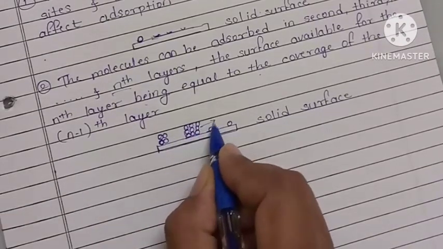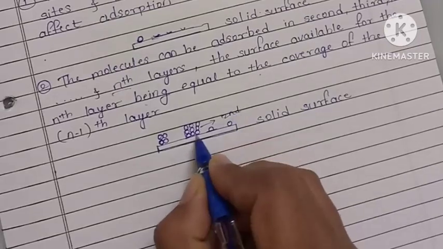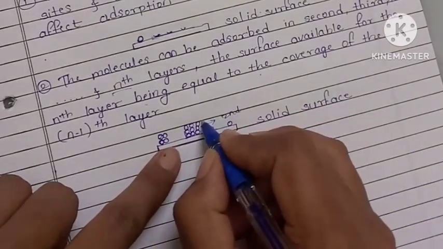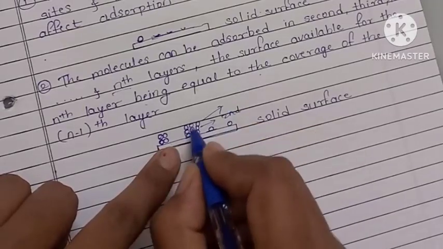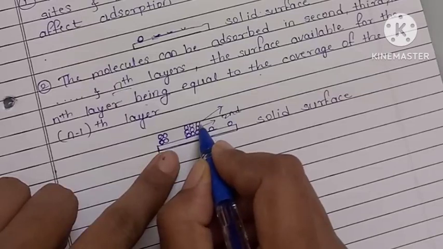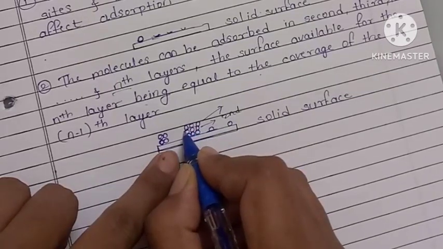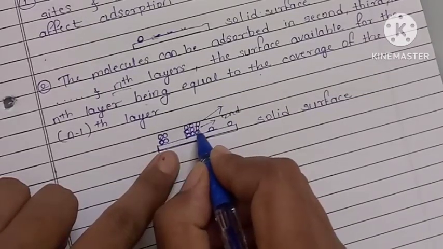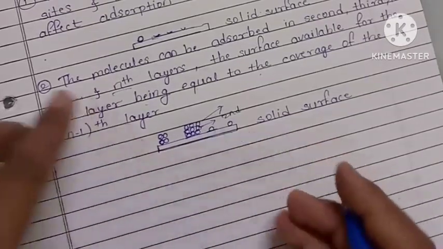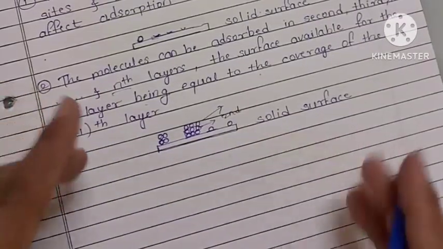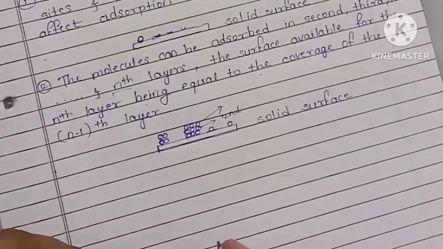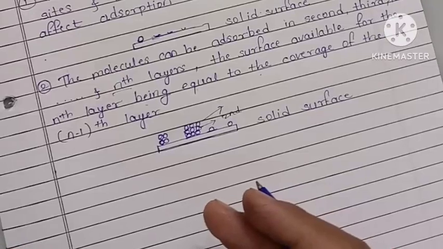That means the molecules covering the surface of the previous layer determine where the next layer is formed.